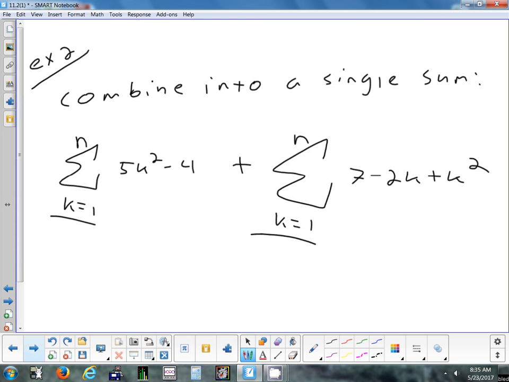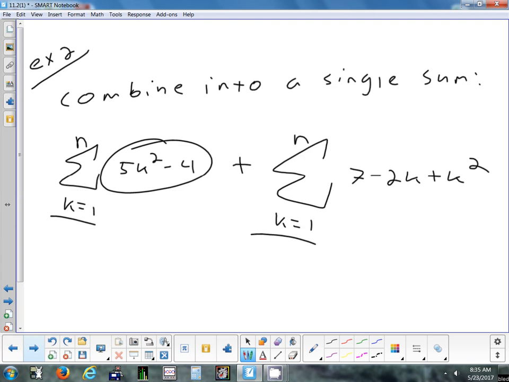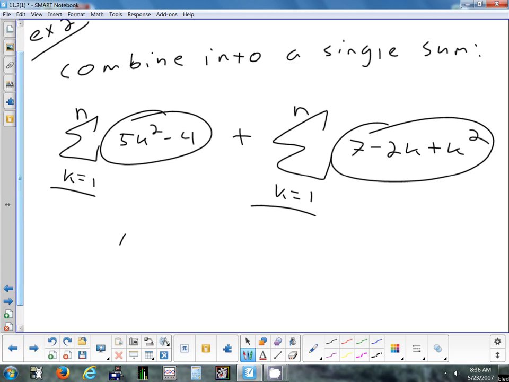Okay, so we can use that idea to combine these two sums into a single sum. Okay, this is going to be rule number 1. You're basically going to take A sub k plus B sub k and just write a single summation sign. So you're going to take this, you're going to add to that, and you're just going to write a single summation. So if I combine the two things that I just circled, the two sequences, okay, pretend that's A sub k, B sub k.